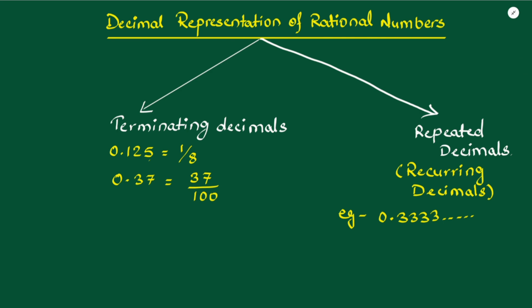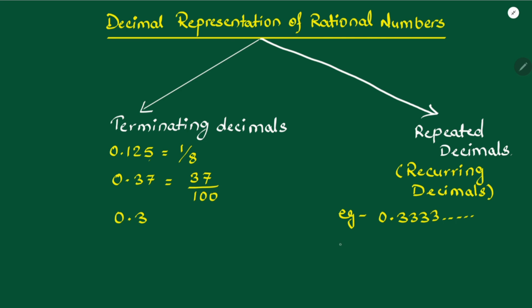The difference can be seen very clearly. If I write a terminating decimal like 0.3, this is a terminating decimal because after 3 there are no more digits present. But here we can see that after every digit there is a 3 following that digit, right? So this one here is a repeated decimal, or we can call it a recurring decimal.